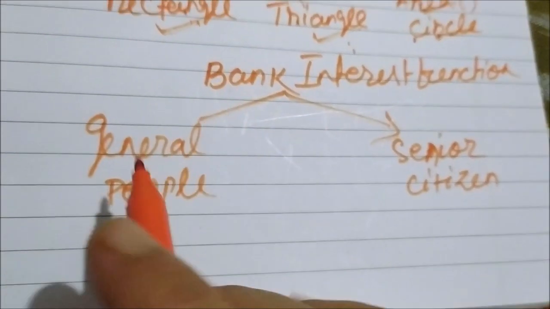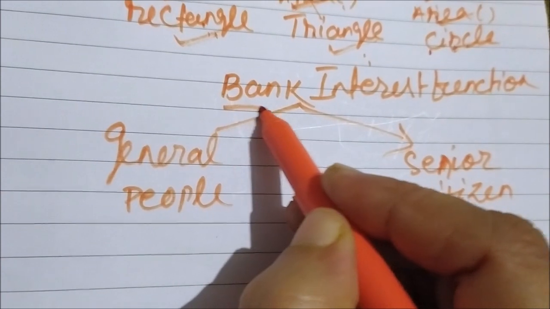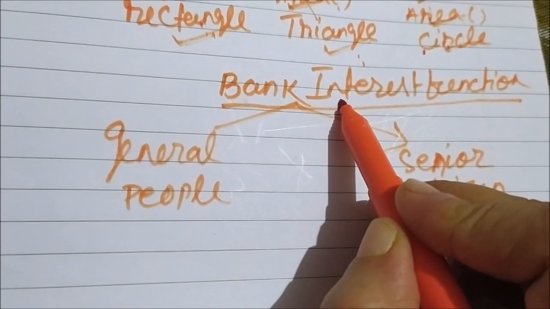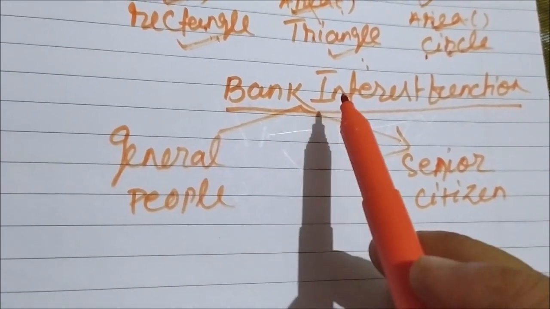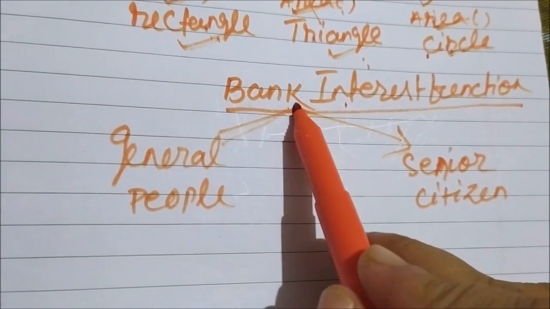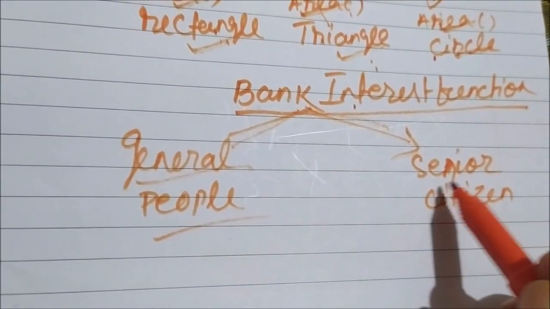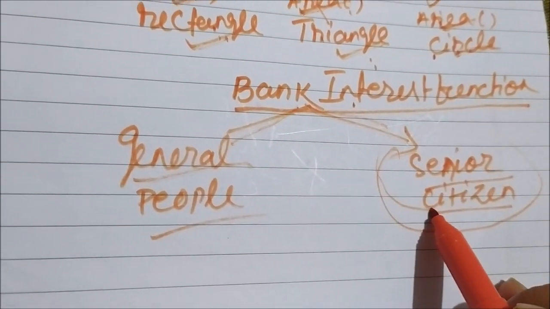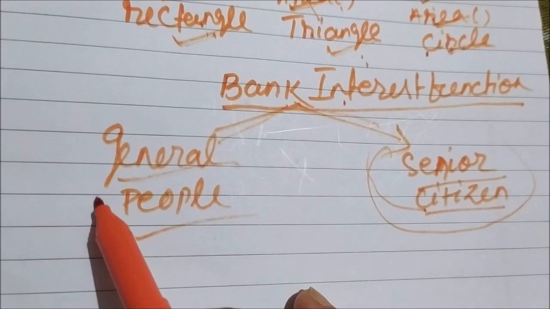Now here is another example. Suppose there is a function called bank interest function, which calculates the bank interest for people. There are two categories of people, general people and senior citizens. The senior citizen gets a different interest rate from the general people.